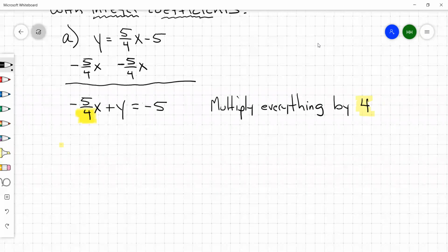So when we take everything, we're going to take 4 and multiply it by negative 5/4 x. Then we're going to multiply 4 times the y. And we're going to multiply 4 times the negative 5.